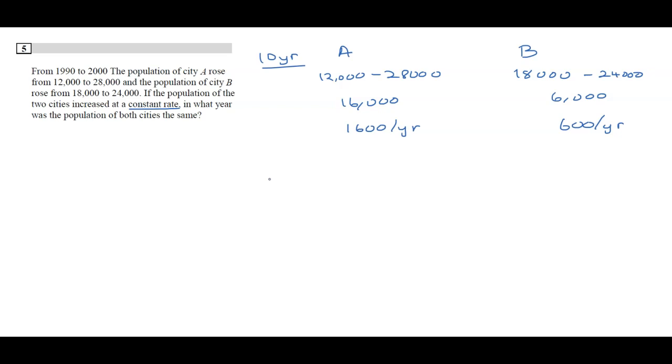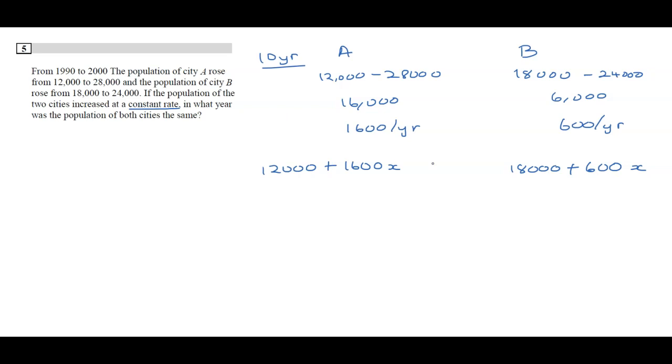So A is going to start at 12,000 and an increase of 1,600 and then the number of years. X will be the number of years after 1990 that they were the same population. Here we have 18,000 plus 600x.